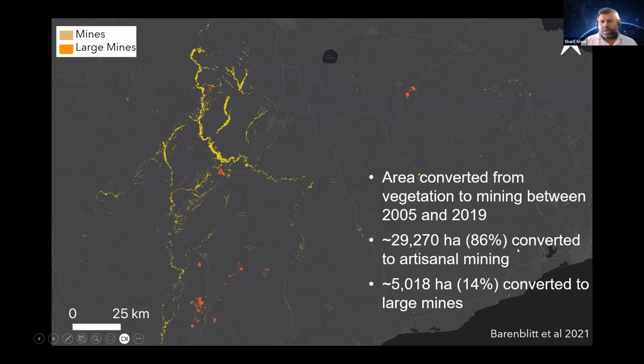From 2015 to 2019, this is showing how different areas were converted from vegetation to mining, and about 86% of the converted mining areas were artisanal mining, not large mining. Out of this 100%, 14% are converted to large mines and 86% to artisanal mining.